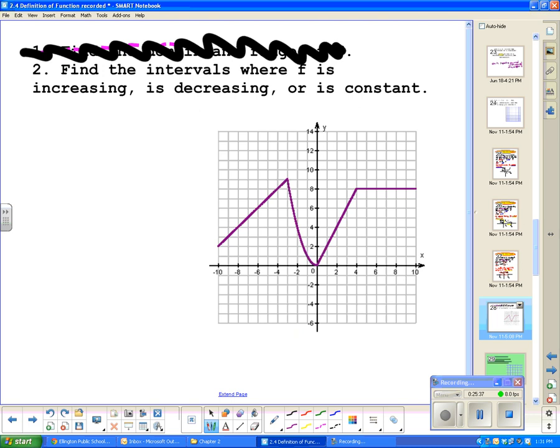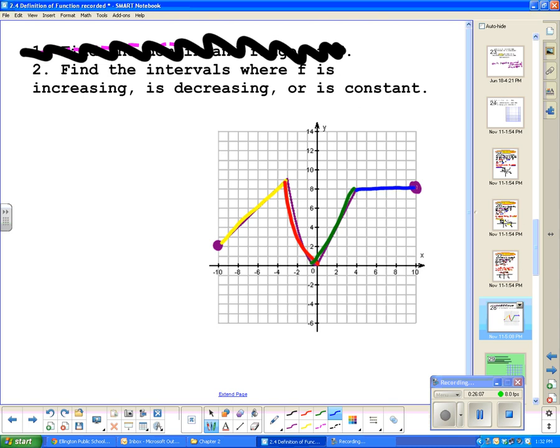But find the intervals where f is increasing, decreasing, or constant. Just to make life easy, I'm going to put some dots at the end of this graph so it doesn't continue forever. And I'm going to look at this and say that I have four pieces to look at. I have this piece right here as 1, this piece as 2, this piece as 3, and this piece as 4.